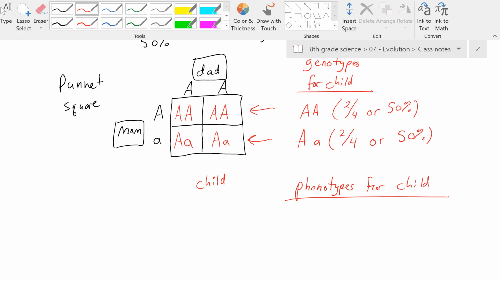But just in general here, both of those genotypes have at least one capital letter, at least one dominant allele, one dominant version of that gene. So here the only possibility is that the child has the dominant phenotype. That'll happen 100% of the time. All 4 of those go with the dominant phenotype.